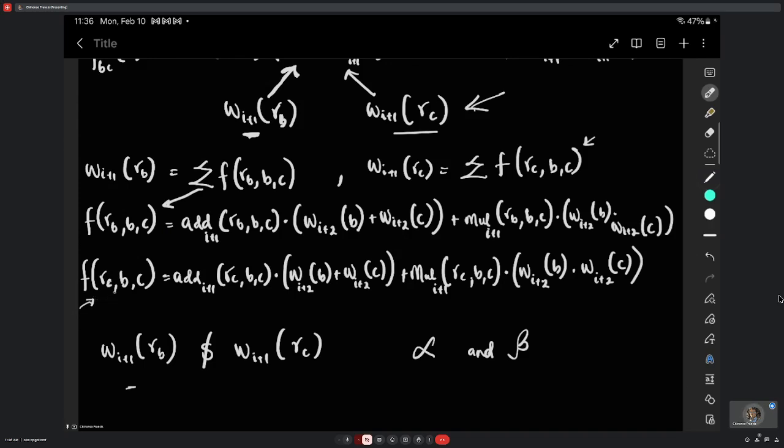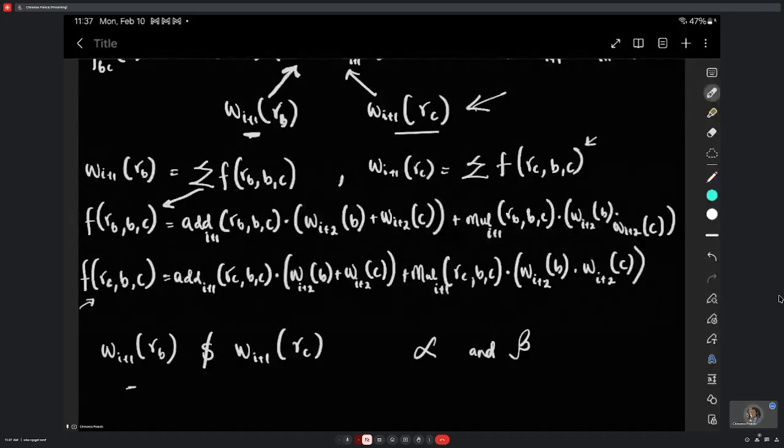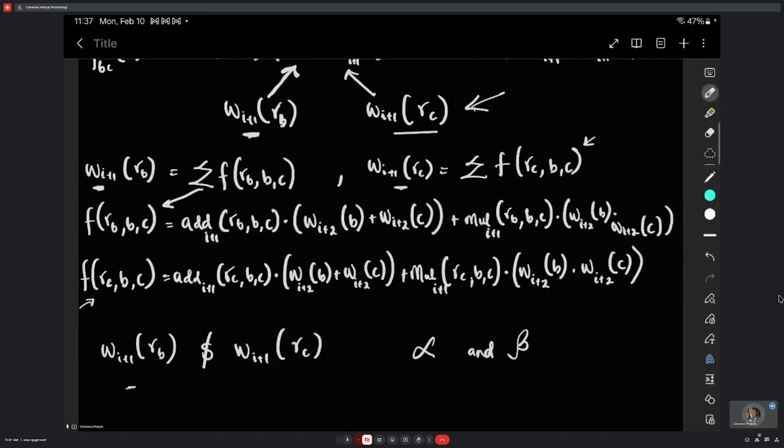So combining it, we are going to run this summation. For now, let's focus on the left, which is this W_{i+1} at RB and W_{i+1} at RC.